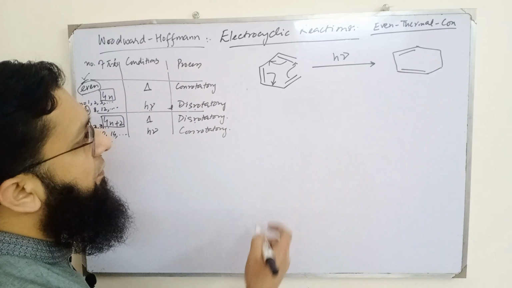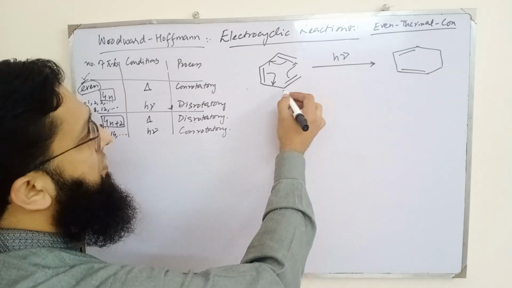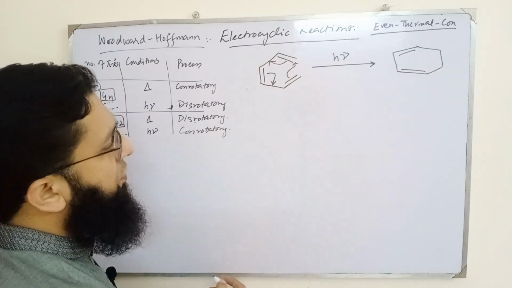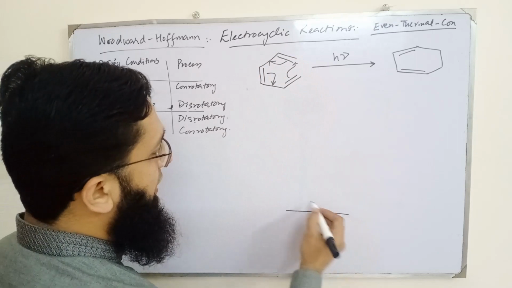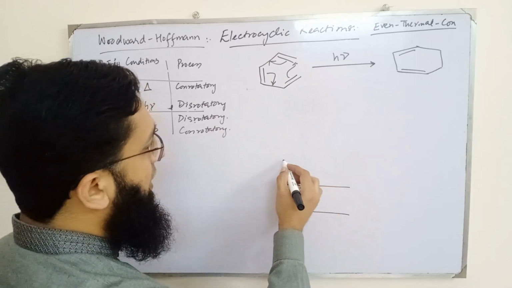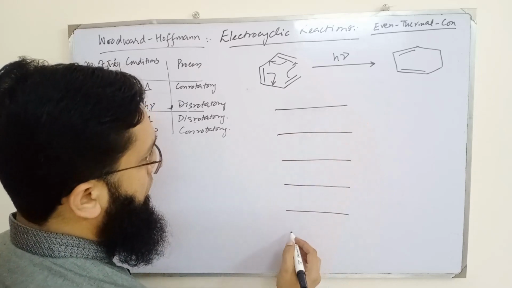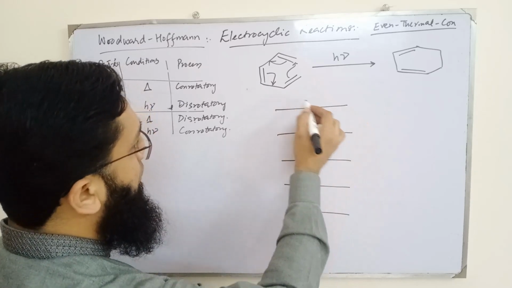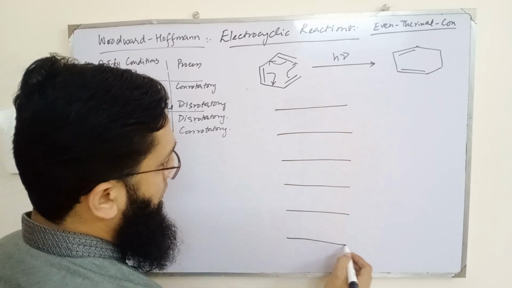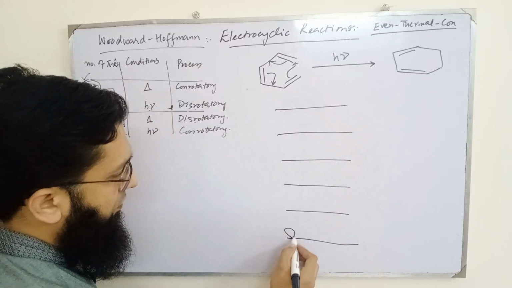Here we have 6 sp2 carbons, so 6 p orbitals and 6 molecular orbitals.